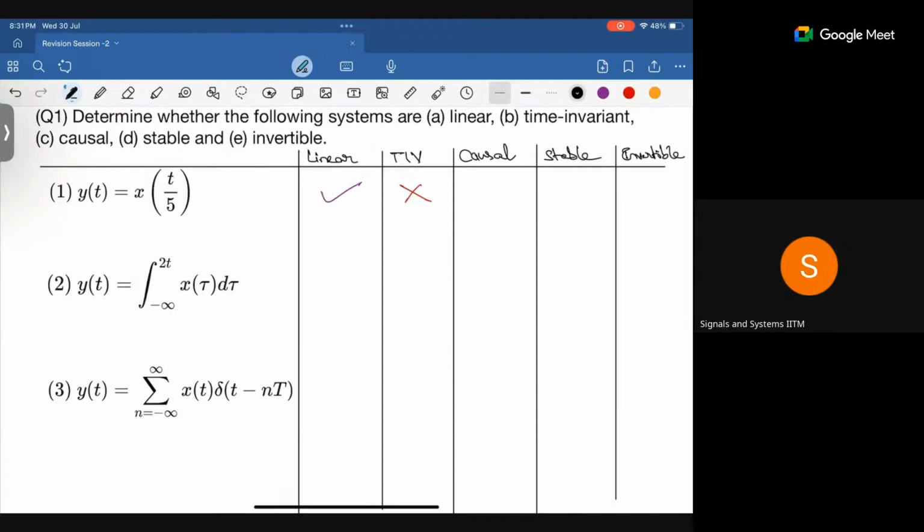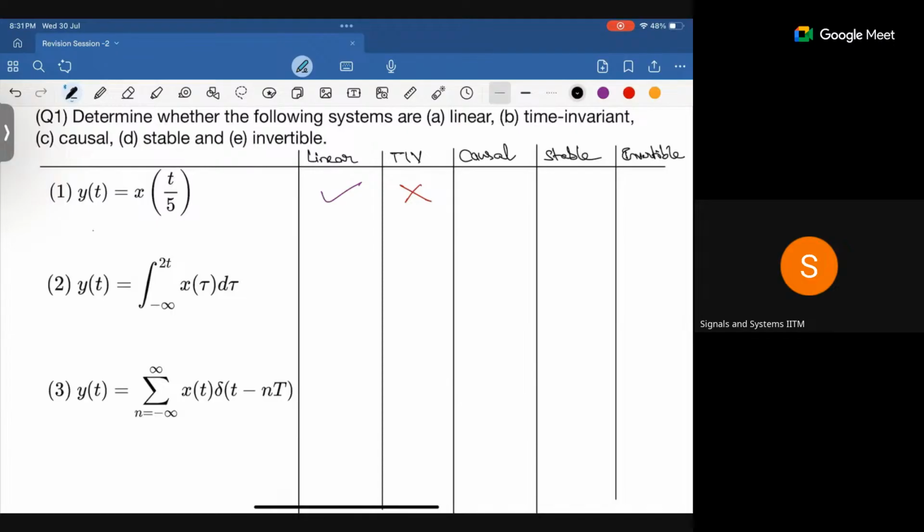Right? t is like the time axis, no? It starts from minus infinity to plus infinity, right? So if I have to compute, say, y of minus 5, what input value do I need?